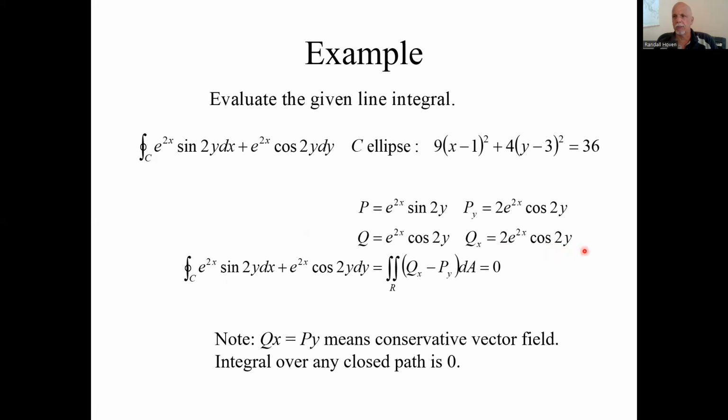Oh, they're the same thing. So when you subtract them, you get 0. So the answer is going to be 0. We don't even have to take the integral. And if you go back, Q sub x equals P sub y in 2 dimensions means it's conservative. And if you go around a closed path in a conservative vector field, your answer is always going to be 0.